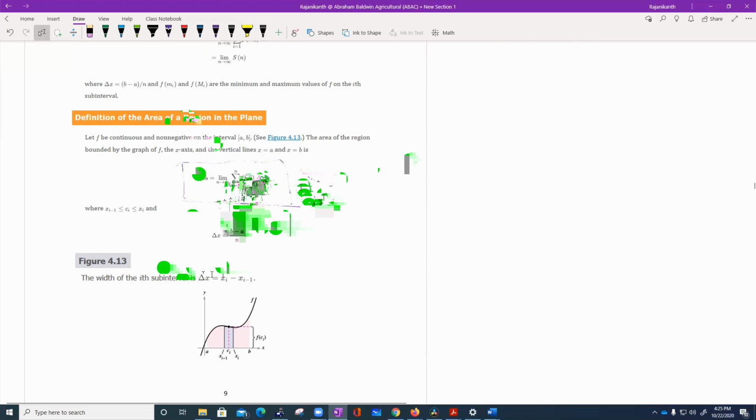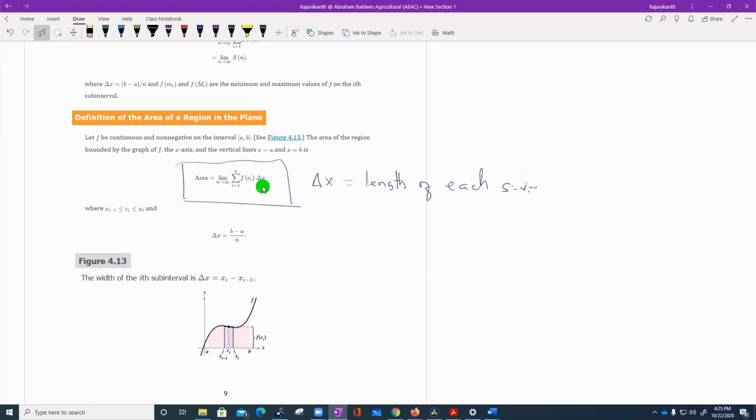So here delta x is nothing but the length of each subinterval. Remember, we divide the given interval into equal pieces. Therefore, each subinterval has the same length. That length is the delta x. Okay, right? So what are you doing here?